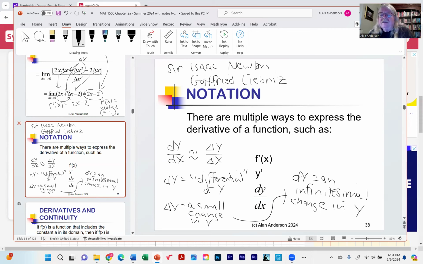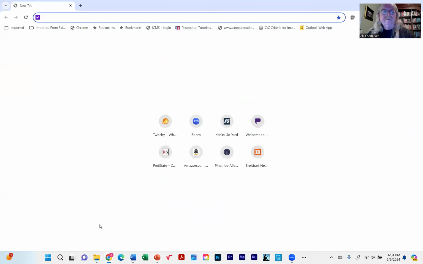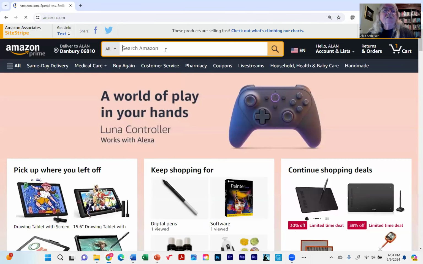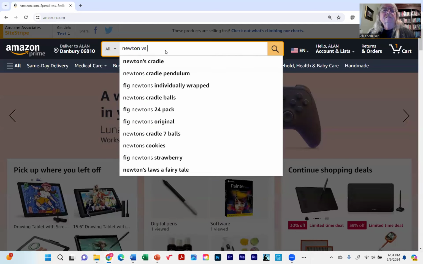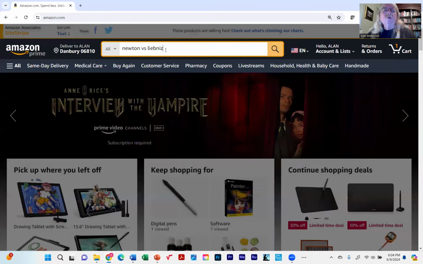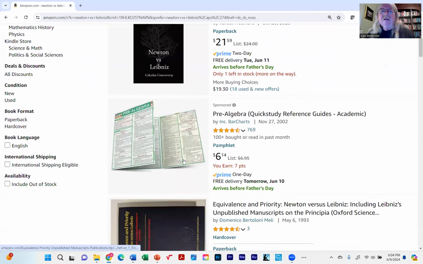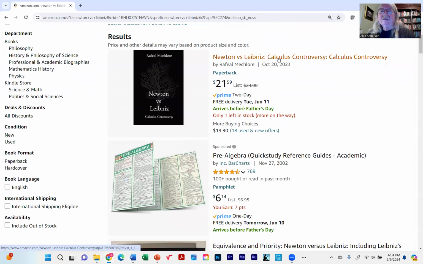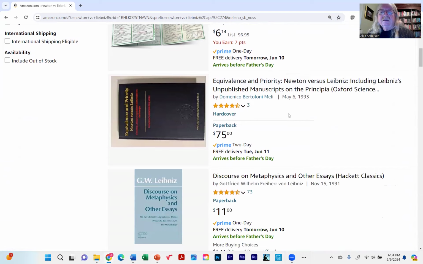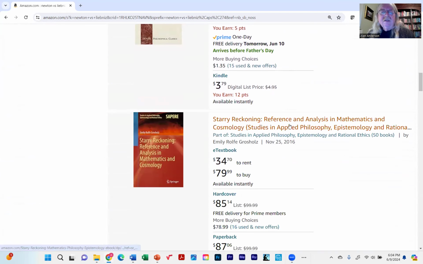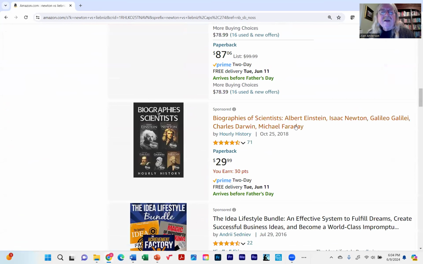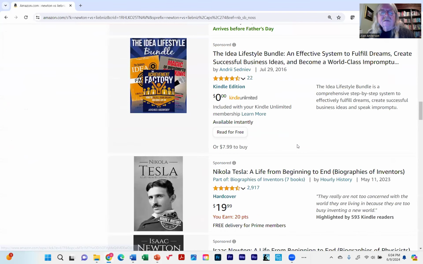Now, books have been written about this rivalry. If you're really interested in the history of math, you could say, well, let me see one of these cool books that have appeared in the press. This one just came out. Wow, look at that. Some of these have been bestsellers. You wouldn't think that the general public would care enough about calculus to read about this type of thing, but it happens.